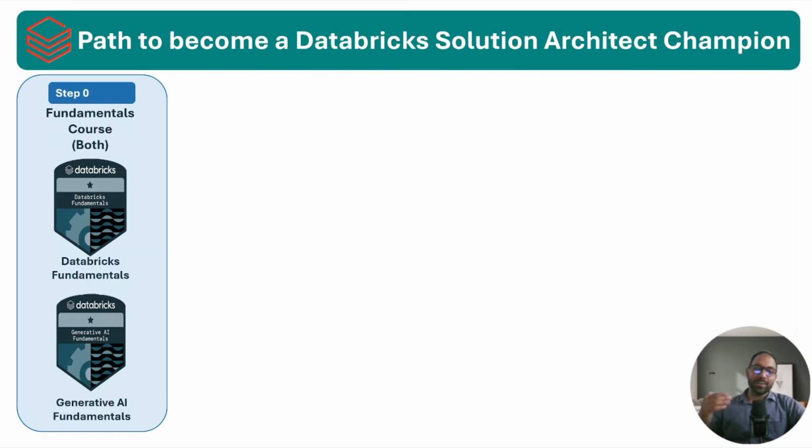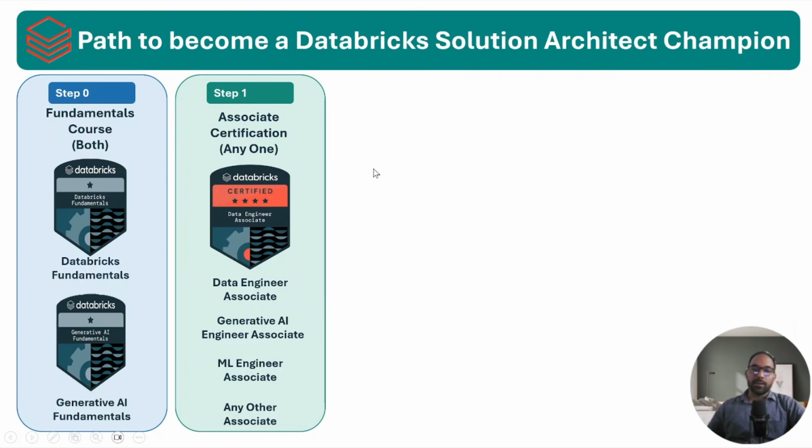So first of all, you have to be an employee of any partner company to plan for this Architect Champion. If you are part of such a company, then we get access to the partner portal like Databricks Academy, and there we can see these courses and complete them. This is a very quick step, that is why I have mentioned it as step 0.